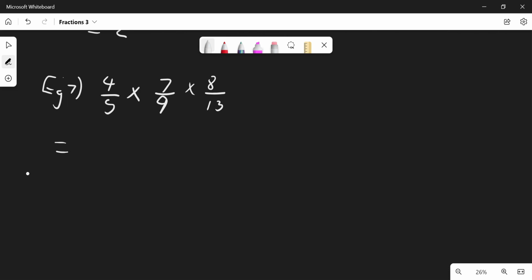Okay. So here we're multiplying. Rules stay the same. You look at your options here. Can I cross simplify? Can 5 divide into 7? No. Can 5 divide into 8? No. I can't really.